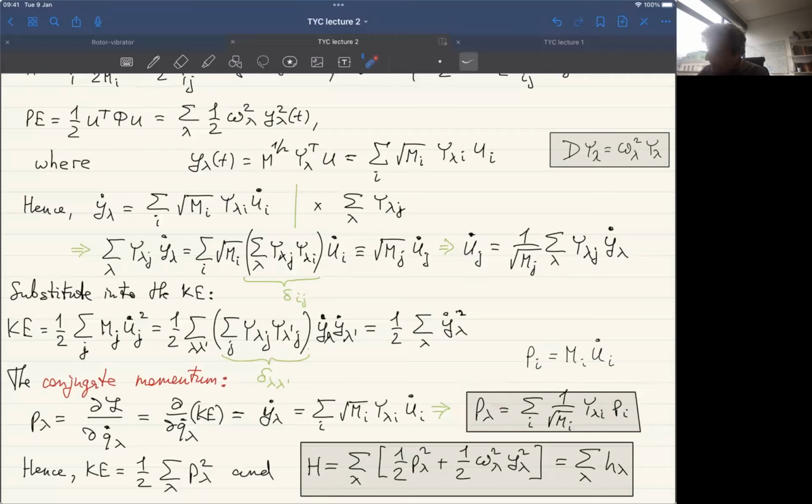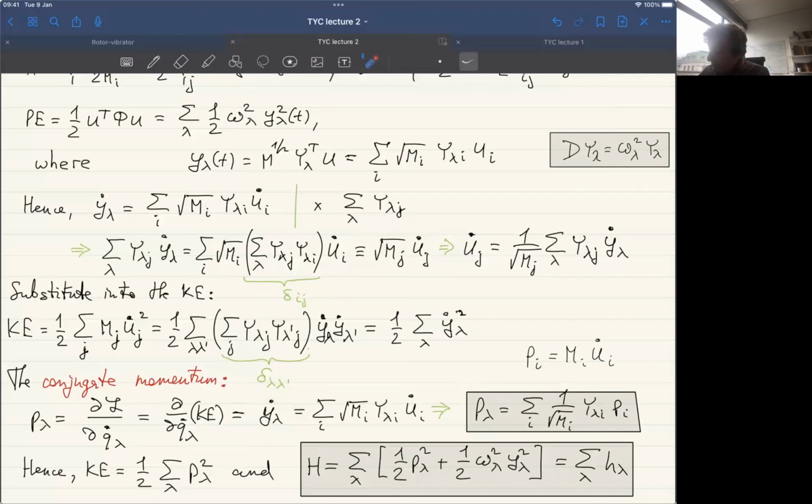All right. And this way we can finally write down the kinetic energy. So the kinetic energy, these momenta are simply y lambda dot, as I explained.